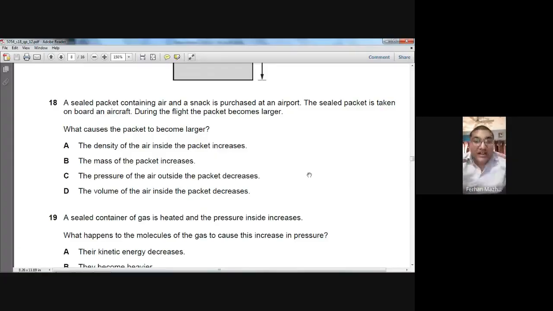If the pressure of the air outside the packet decreases, the packet will start becoming bigger and bigger. So the reason is the pressure of the air outside the packet decreases. C is the choice. Question number 18, C is the choice.